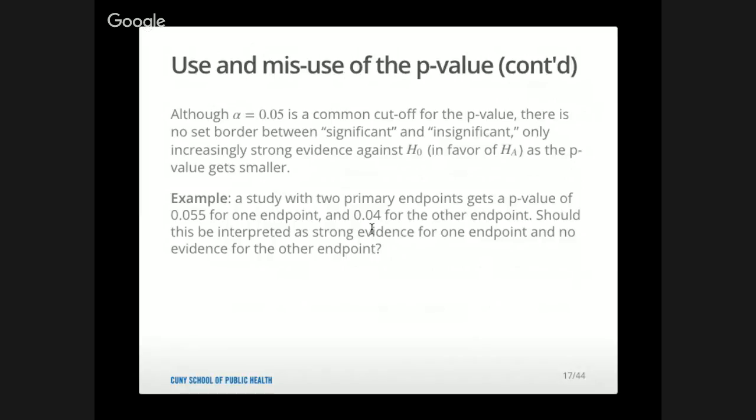Finally, keep in mind that the choice of alpha equals 0.05 is very popular, but it is arbitrary. So one result where you have a p-value of 0.055 is actually essentially the same as another result with a p-value of 0.04.